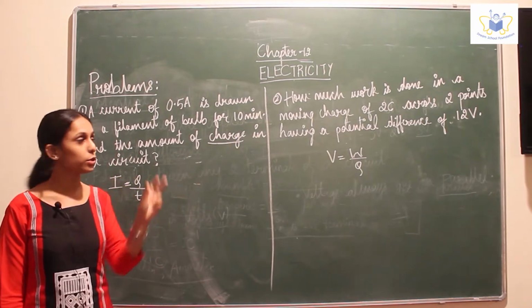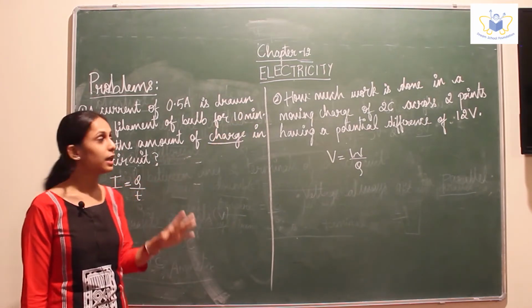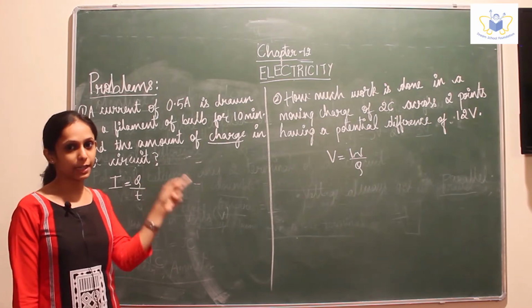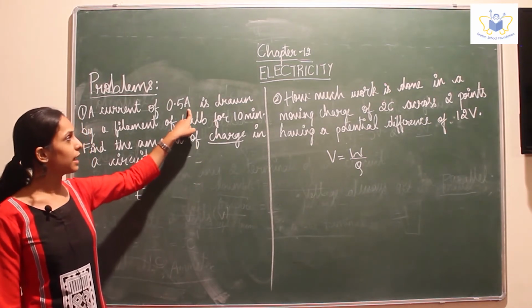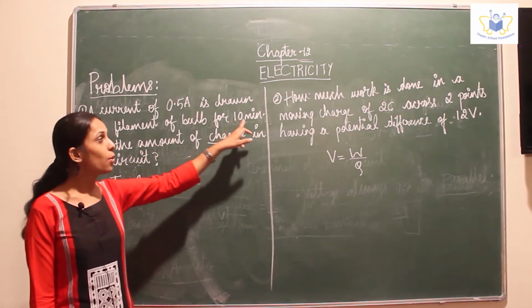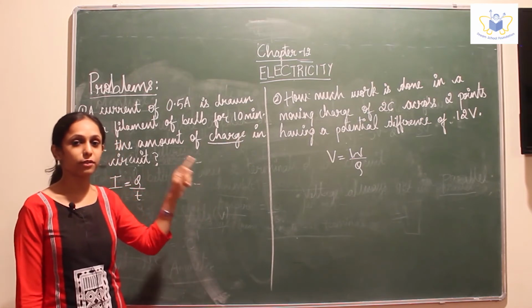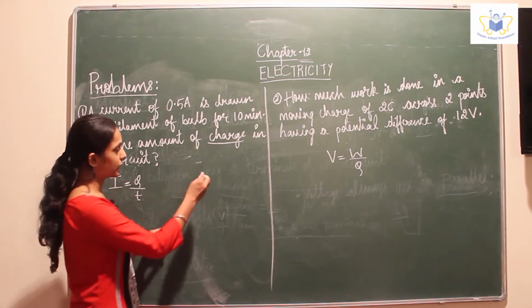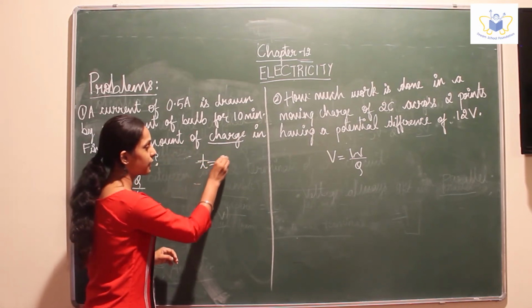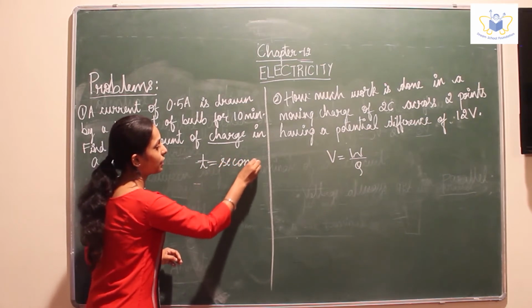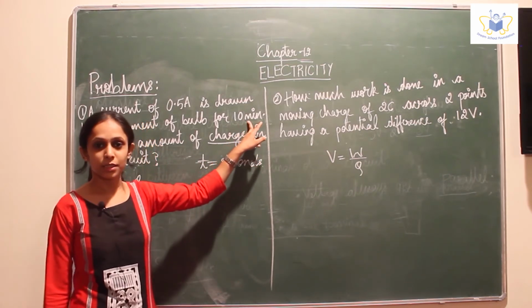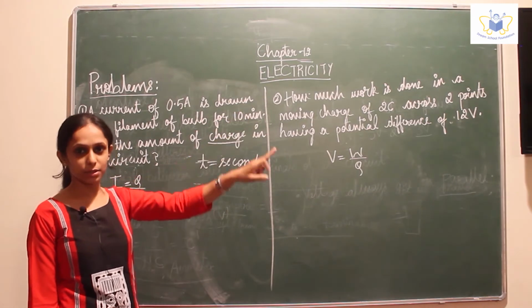Before proceeding, we should seriously look through the units. That is why I told you units are very important. What was the standard unit for current? Amperes. So yes, we have it in amperes, no problem. What was the basic SI unit I told you for time? Seconds. But what do we have in the question? Minutes. So how do you convert minutes into seconds?